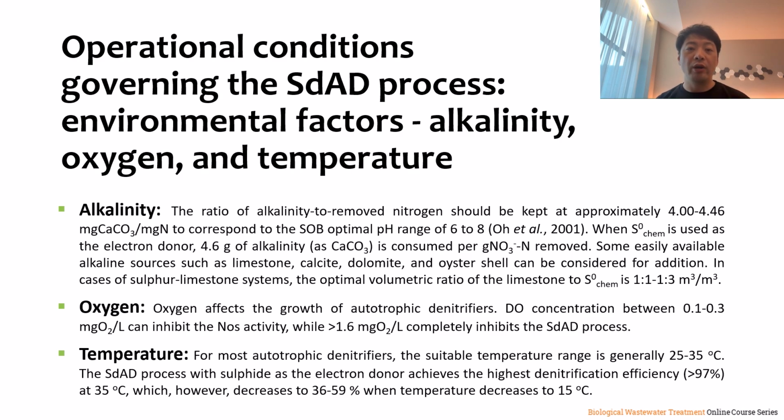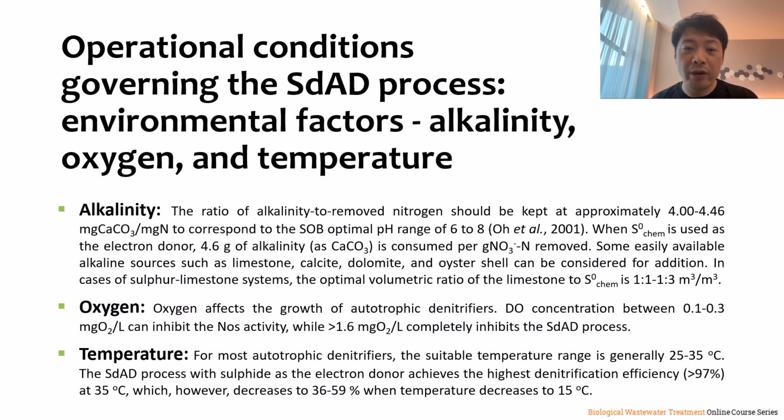For example, the ratio of alkalinity to removed nitrogen should be kept at approximately 4 to 4.5 milligram calcium carbonate per milligram nitrogen removed to correspond to the SOB optimal pH range of 6 to 8. Secondly, the dissolved oxygen concentration will also affect the growth of autotrophic denitrifiers.